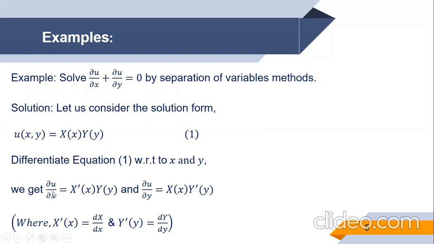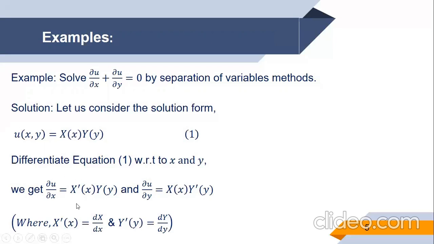Then we get del u by del x is equal to X dash of x times Y of y, y constant, and del u by del y is equal to X of x, x constant, times Y dash of y, where X dash of x means the first ordinary derivative dX upon dx and Y dash of y is equal to dY upon dy, where capital X depends on small x and Y depends on small y.